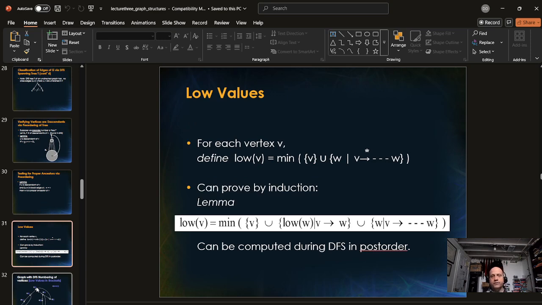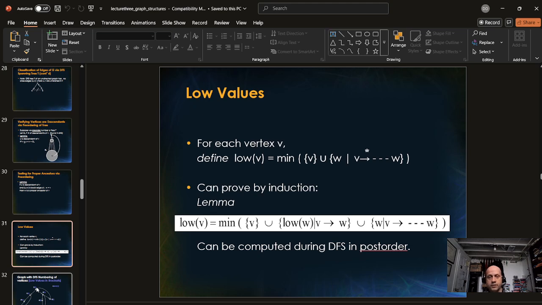Low values for each vertex v. We define low of v equal to the minimum of v union w, where v is assigned to w. We can demonstrate this by an induction: the low of v is equal to the minimum of v union with the low of w, with v approaching w, union with the w of v approaching w.